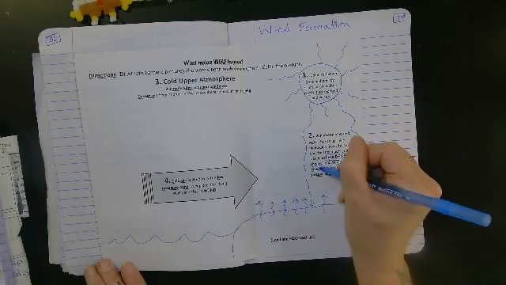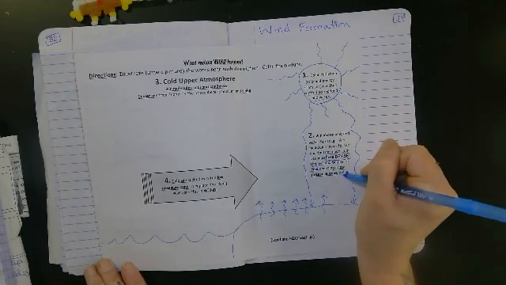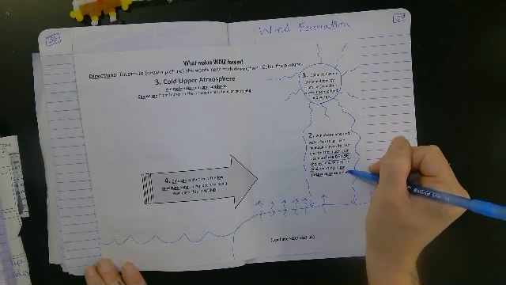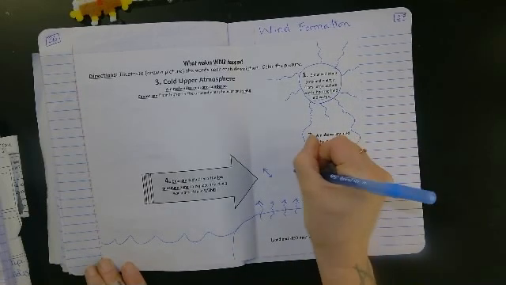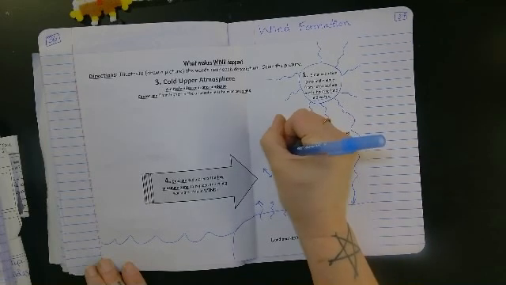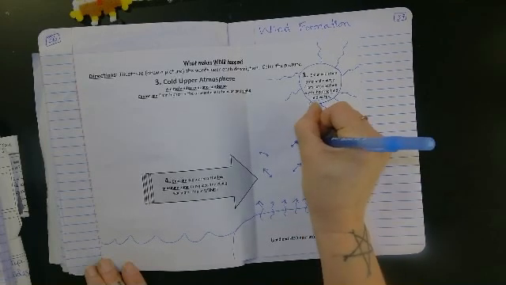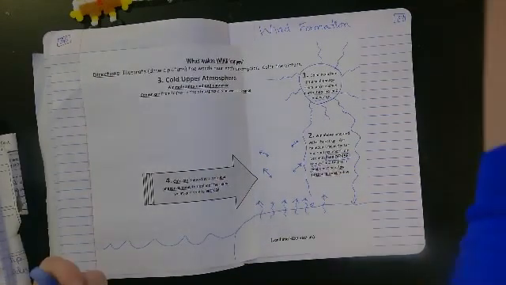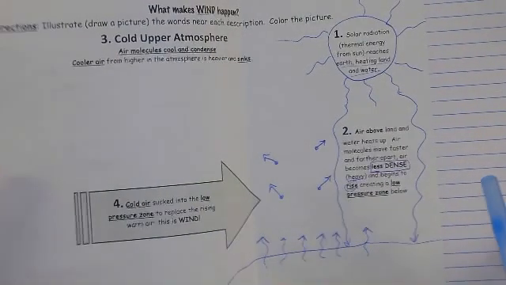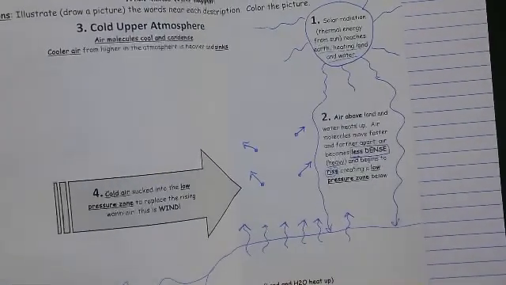Air becomes less dense. That means it's less heavy, and it begins to rise, creating a low pressure zone below it. So let's go ahead and indicate that these air molecules are heating up, and they are rising because they're becoming less dense. They're not as heavy, so they're not sinking down below anymore.